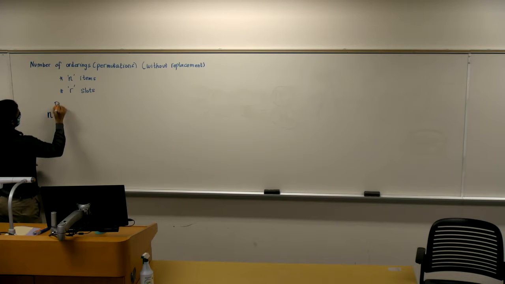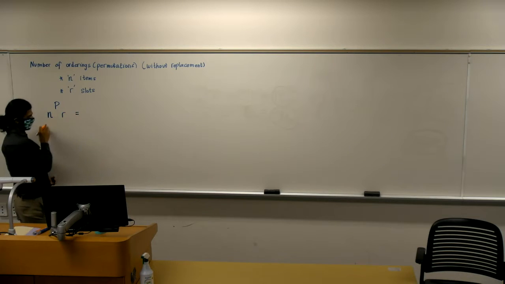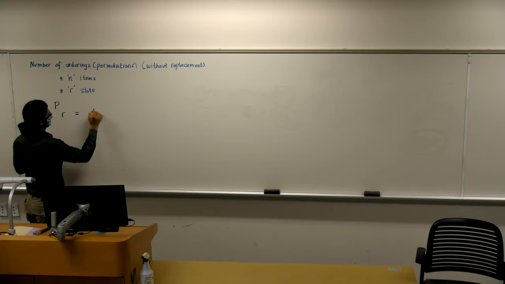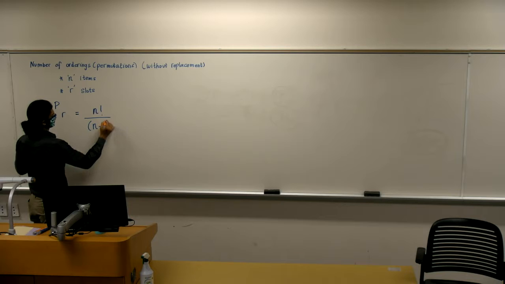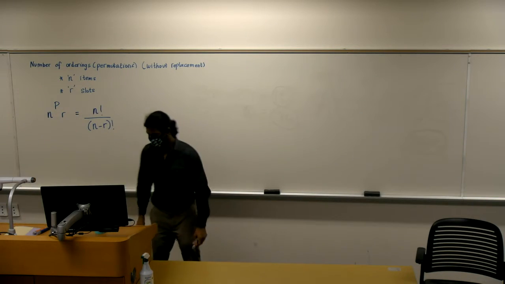Which is nPr. National Public Radio. No one listens to that. And the formula for that is n factorial divided by n minus r factorial.